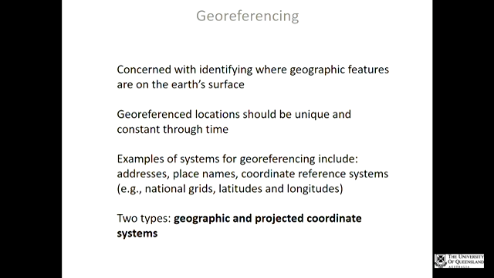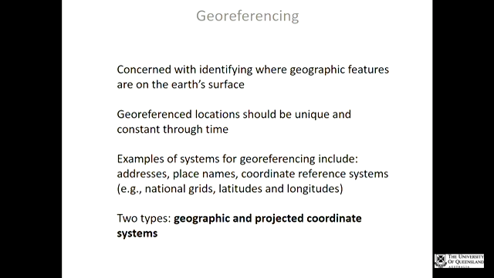We often call this georeferencing, and this just formalizes some of the definitions of what we mean by a coordinate system. If you've got a spatial object that's georeferenced, it has a spatial coordinate that's georeferenced to a unique point on the Earth's surface. There are certain properties that georeferenced locations should have.